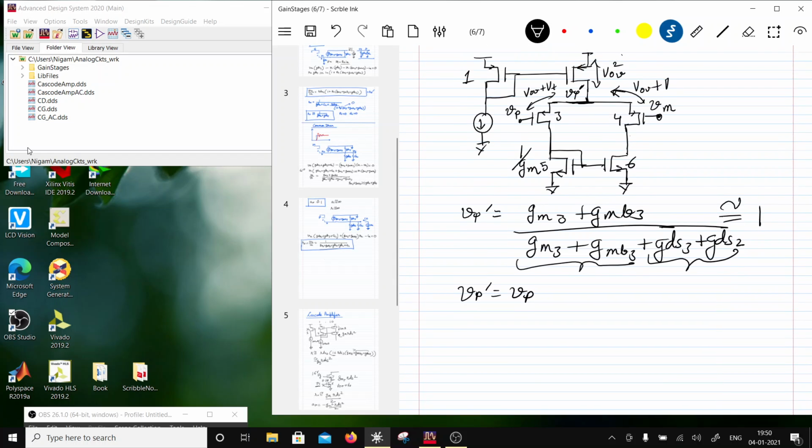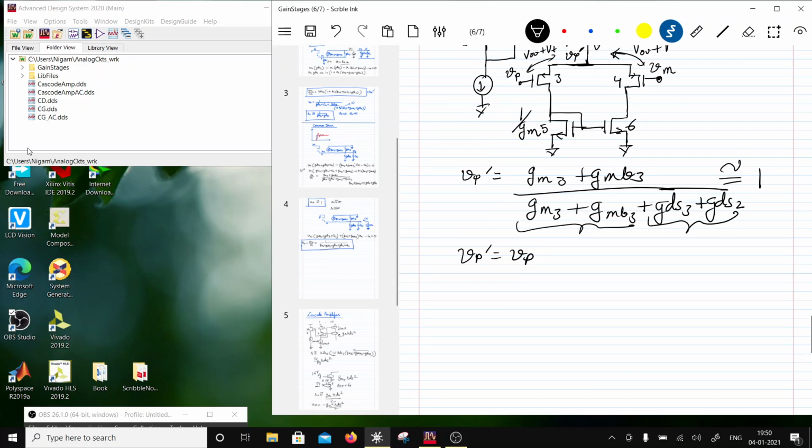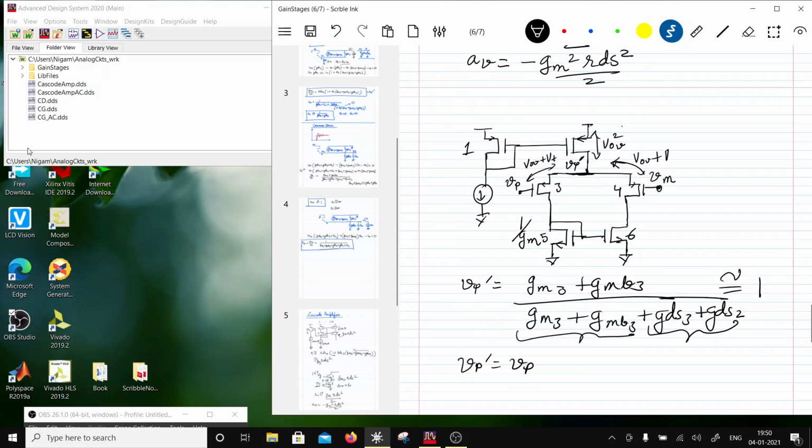Now transistor 4 is like a common gate configuration for VP. VP is applied to the source here, and that basically appears at the output.